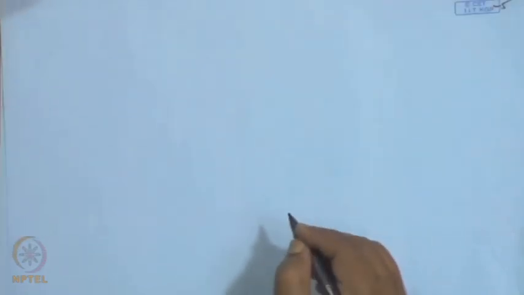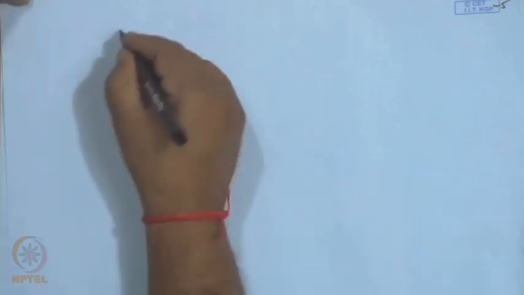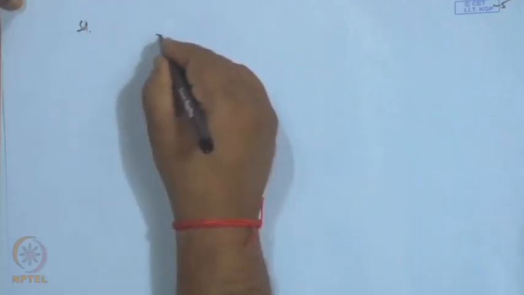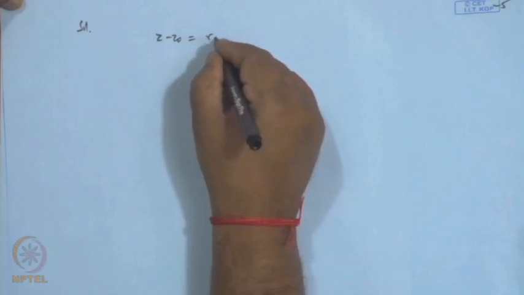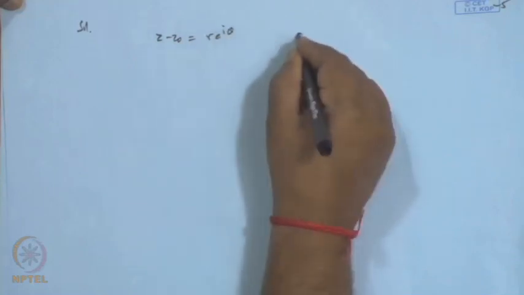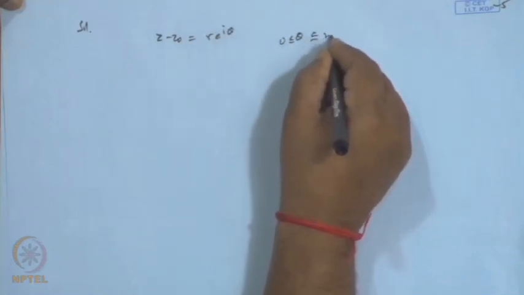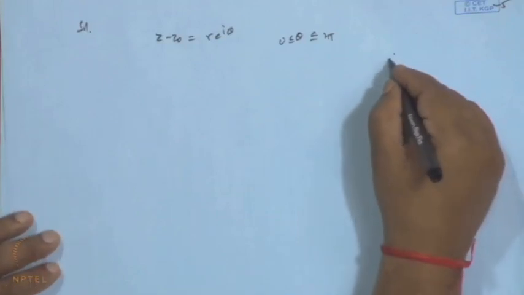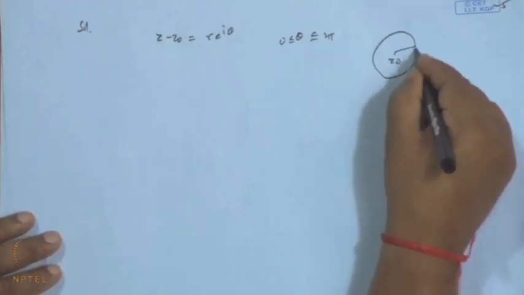This we want to prove. So, it is given z minus z naught is r e to the power i theta, where theta lies between 0 and 2 pi, because it is a circular path centered at z naught with radius r.